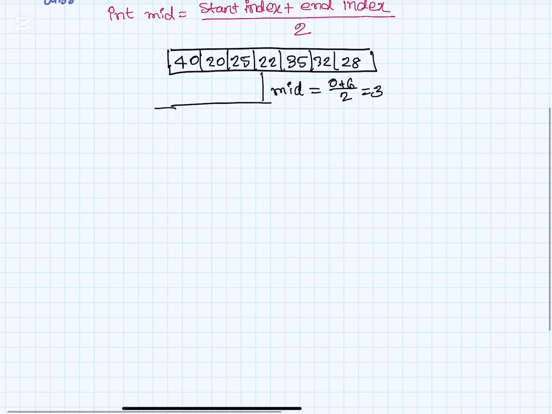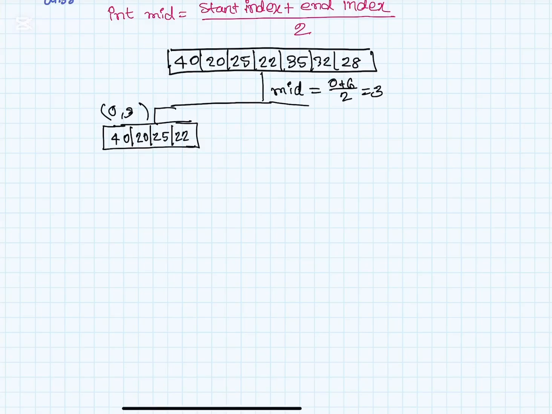So our first array will be from index 0 to 3, and our second array will be from index 4 to 6.